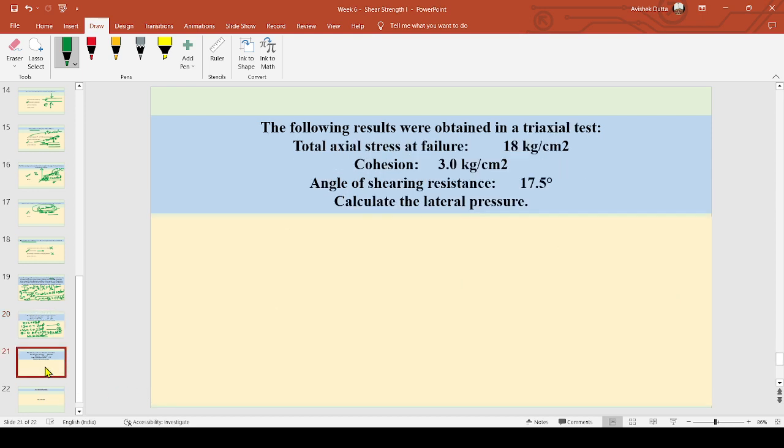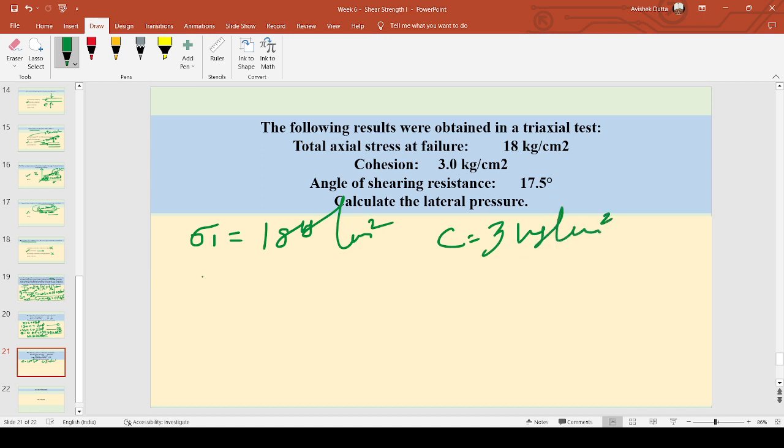The following results were obtained in a triaxial test. Total axial stress at failure: sigma 1 equals 18 kg per cm square. Cohesion C equals 3 kg per cm square.